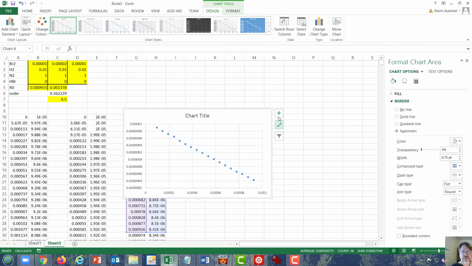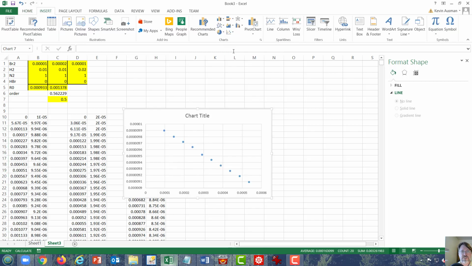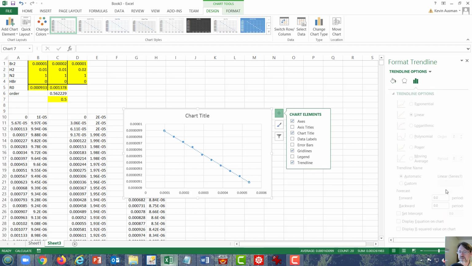Insert our scatter chart. Trend line. Looks pretty good, although maybe a little bit of curvature on that. So maybe I went a little too far. So maybe we'll only go about that far. Insert, chart, scatter. Give us a trend line. Select it. Display equation on chart.